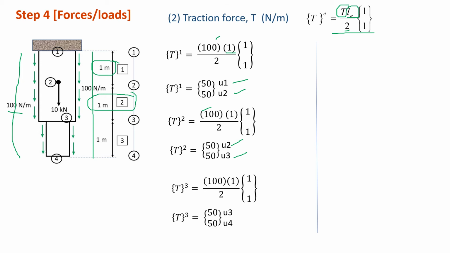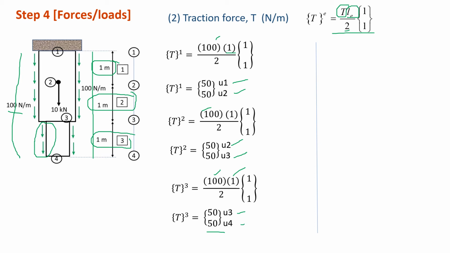The last one, for element 3, the traction force is still the same, which is 100. So we have 100 here. The length for element 3 is 1 meter, still the same. Then we obtain this value, and element 3 is between U3 and U4.